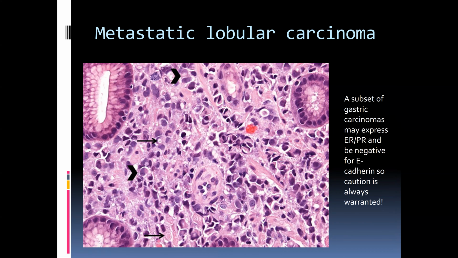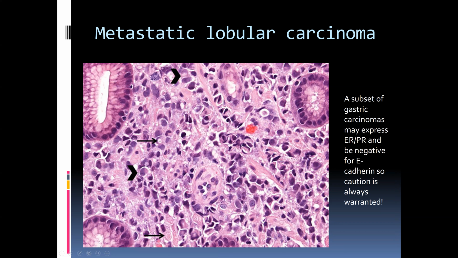So we've mentioned that this subset of gastric carcinomas may express ER/PR, like the CDH1 mutated tumors, and be negative for E-cadherin, but this is a patient who did have lobular carcinoma and who did have metastatic disease that involved the GI tract, including the stomach.